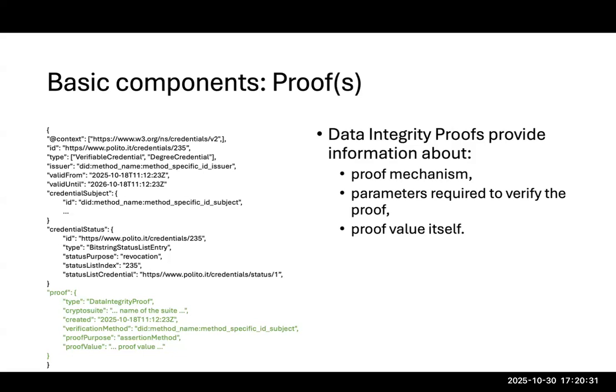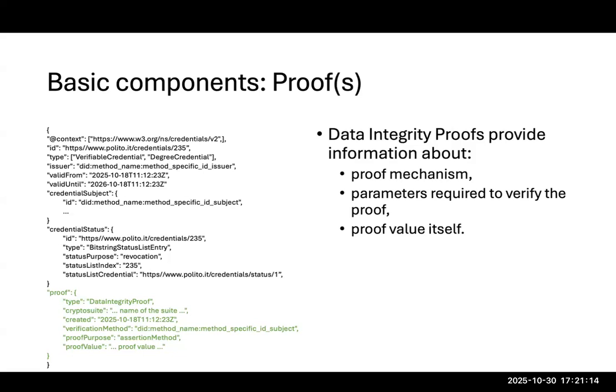We will see also some examples of crypto suites that, again, W3C is specifying. The name of the suite. Created: it is the time at which this proof has been made. This means that created in the proof and validFrom in the metadata section can be the same, or at least validFrom is after created in the proof.